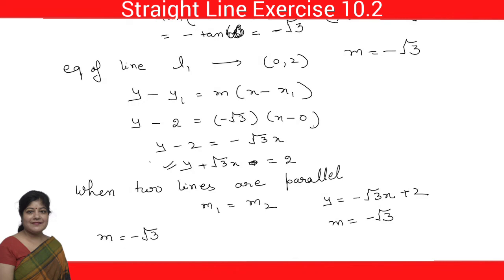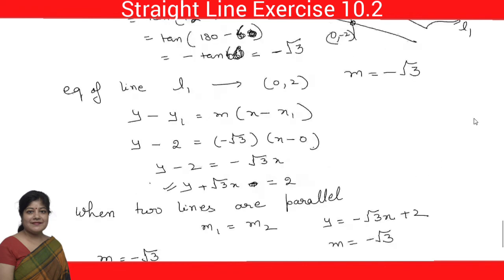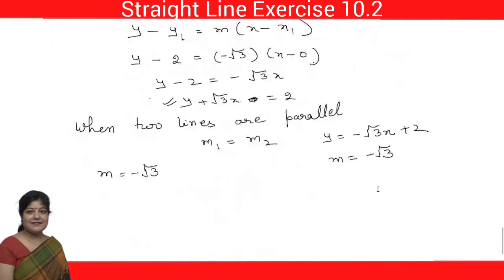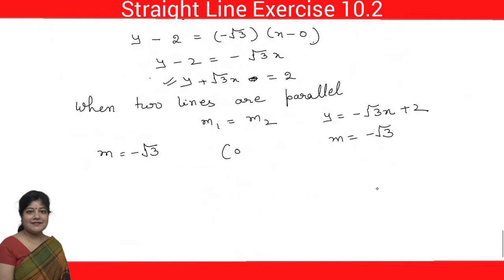And the point from which it passes is (0, minus 2).